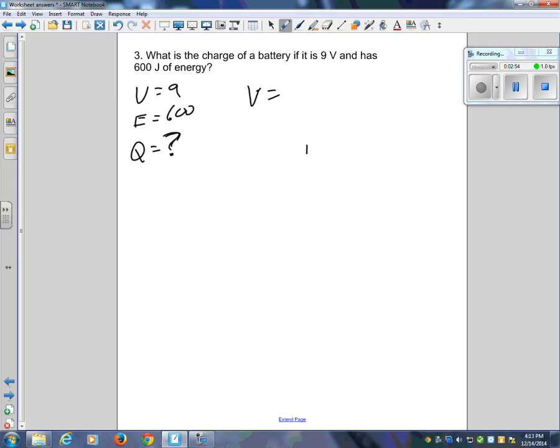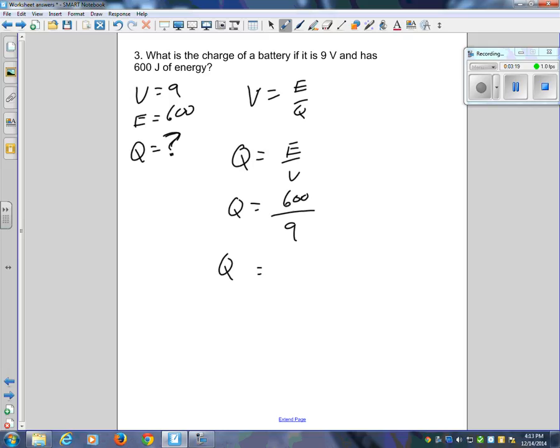V equals E over Q. We are looking for the charge. Q equals E over V is our formula for charge. Q equals energy, 600, divide by 9.